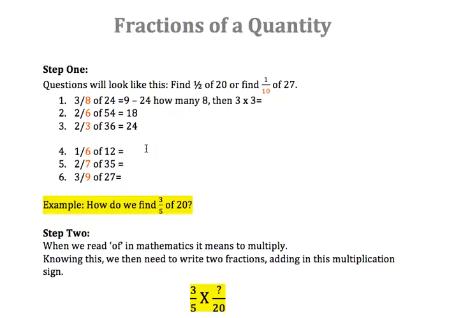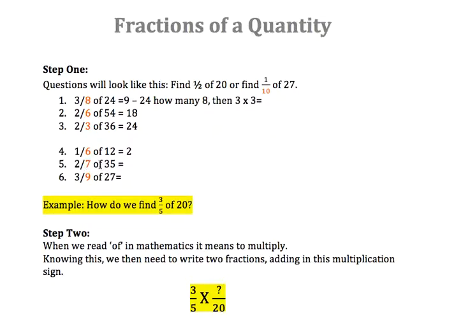Okay, so now I'm going to solve these ones for you. How many of my denominator here fits into my quantity? So 6, 12, so 2 times, and so I multiply that answer by my numerator. So 2 times 1 is 2. Now I need to say, how many times does my denominator in this question fit into my quantity?